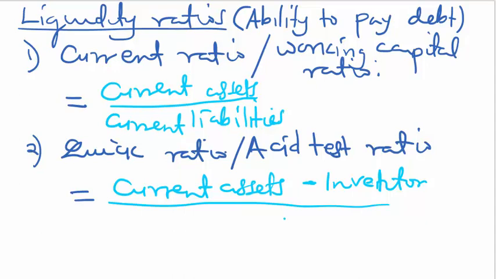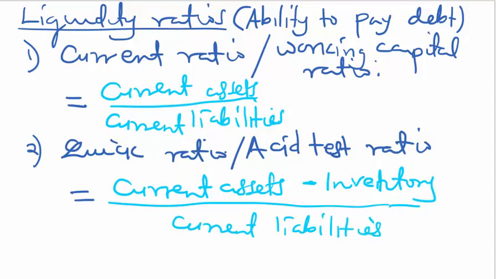Inventory is just stock. These are the most common ratios when it comes to liquidity, and they help us determine our ability to pay debts as they fall due.